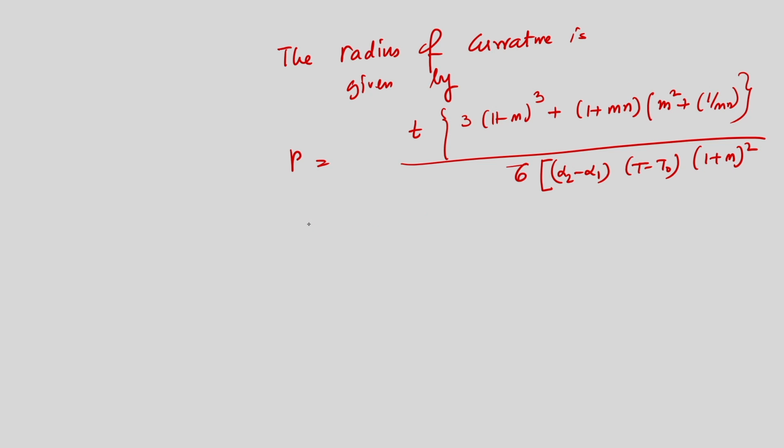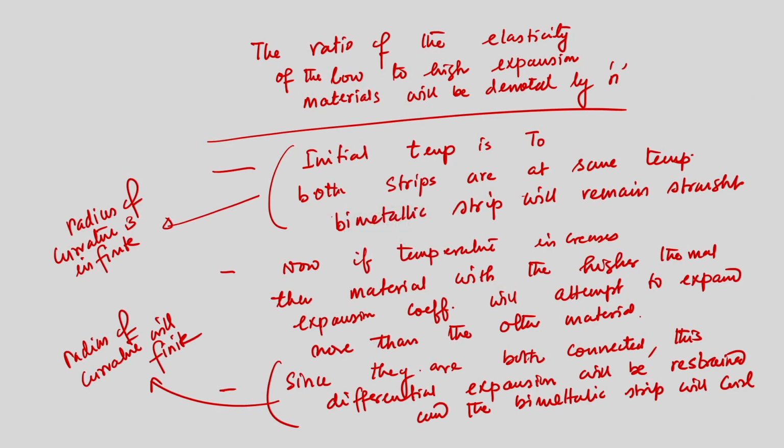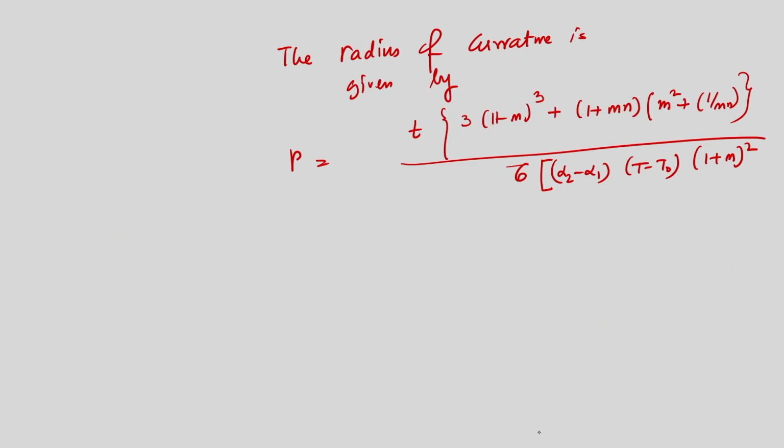So, this is the expression where we have defined every parameter. If the temperature increases from T naught to T, then of course, this is quite obvious, we have seen from our undergraduate 10+2 level physics, this radius of curvature will be given by R.